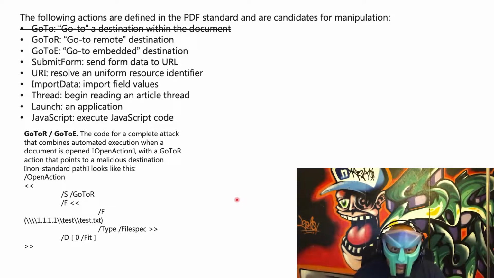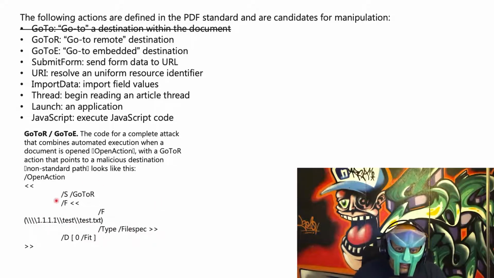The code for a complete attack that combines automated execution when a document is opened, or the open action, with a go-to-R action that points to a malicious destination, which is a non-standard path, looks like this. So here you have your open action and you have your go-to-R action. And here is your, let's say, malicious URL or malicious file.